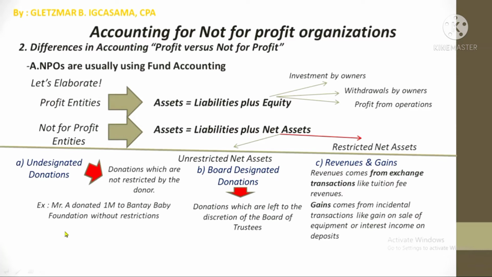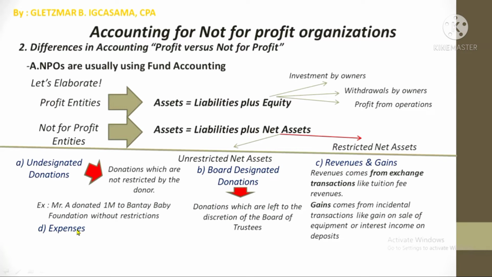Another component of the unrestricted net assets is the expenses. But before we go to the classification of expenses, let me tell you in advance that expenses can only be deducted in the unrestricted net assets. There will be no expenses that will be deducted in the restricted net assets because it is assumed that all expenses came from the unrestricted fund.